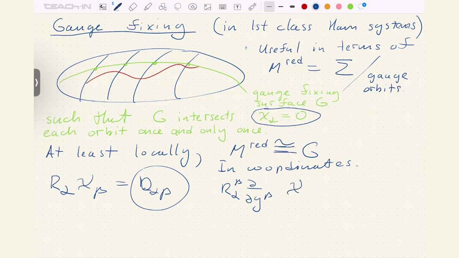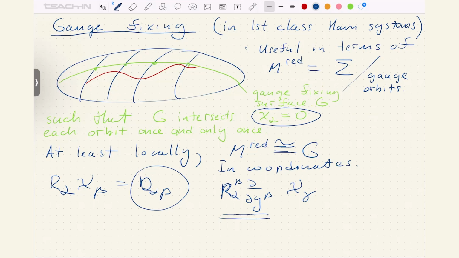Let me put gamma here because I used beta already. We are discussing just one particular gauge orbit, right? So let's concentrate on one orbit. It's going to be the same for all of them. So you see these vector fields, if you pick one orbit, they are just vector fields on this orbit.